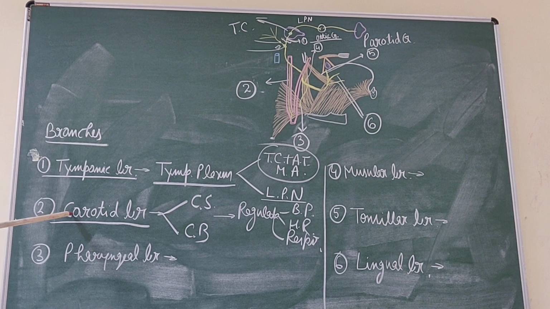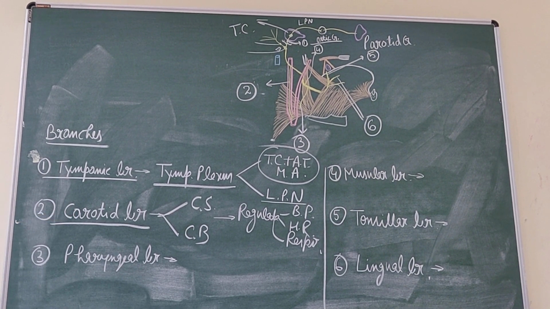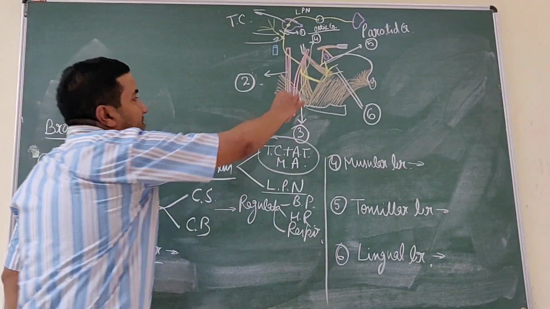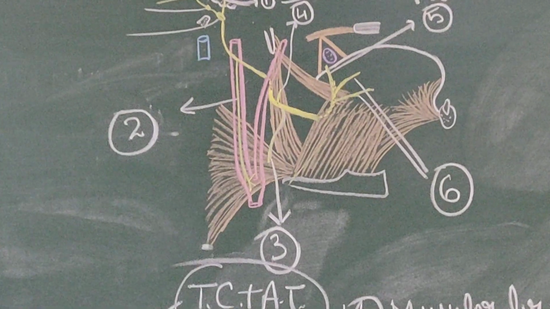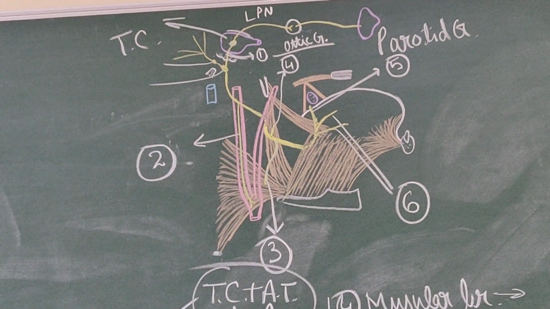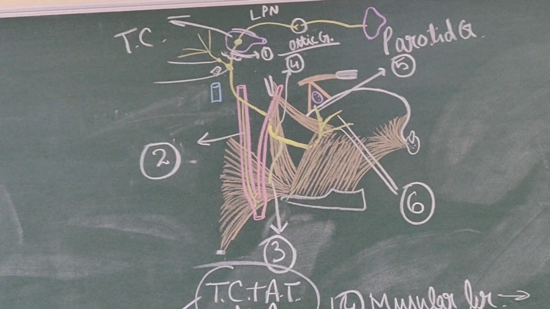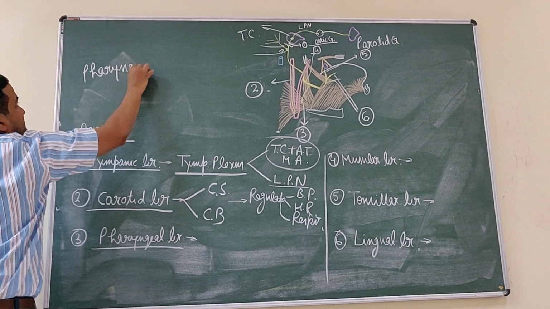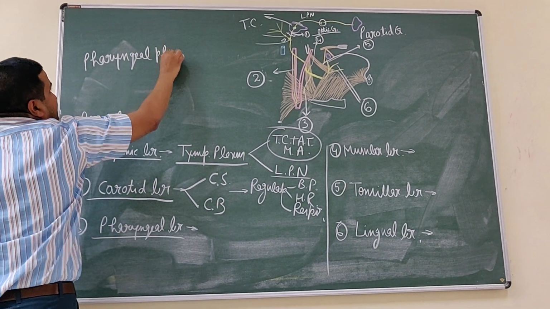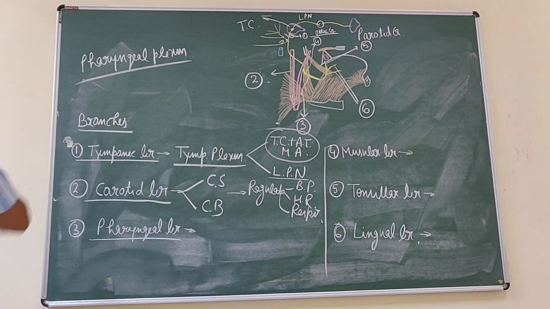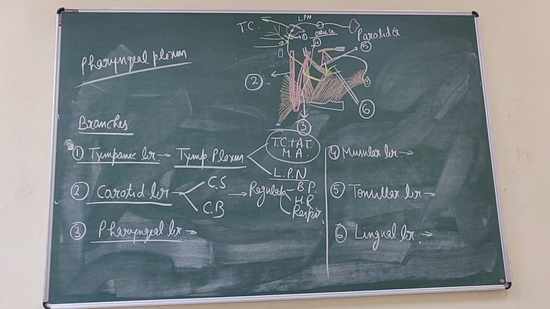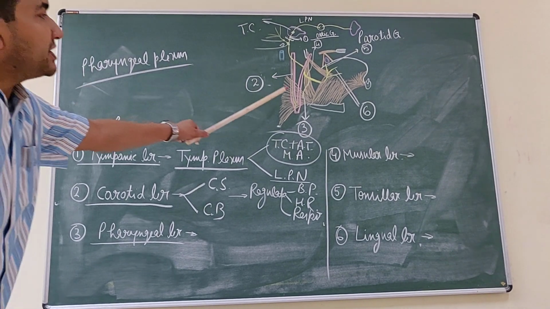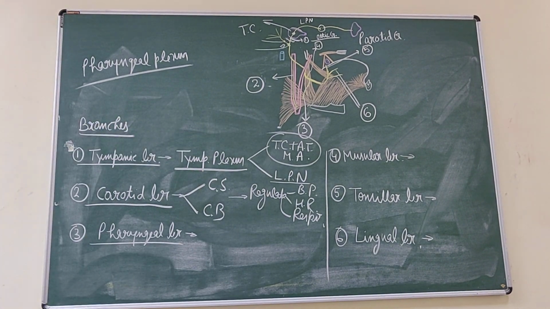Through the carotid branch. Now the third branch is the pharyngeal branch. This is the pharyngeal branch. This pharyngeal branch forms the pharyngeal plexus. We have learned in the constrictors of the pharynx that this pharyngeal plexus is present on the middle constrictor.